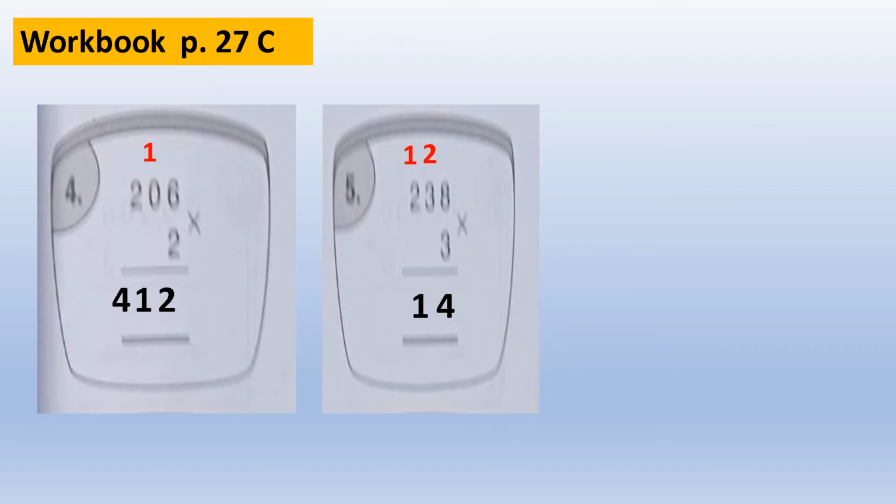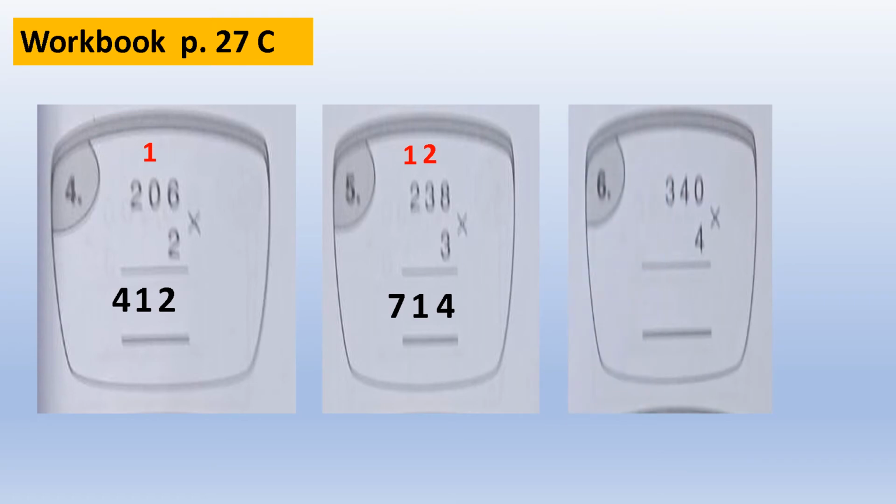That is 6 plus 1 is 7. So the product is 714. So you say 238 times 3 is equal to 714.